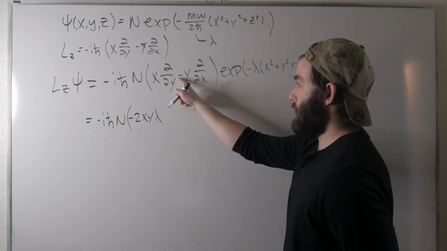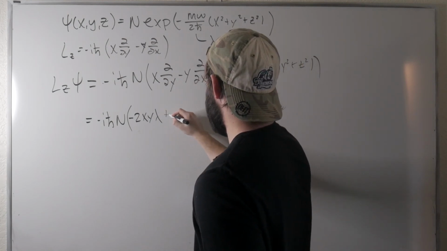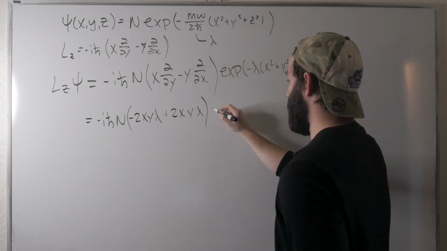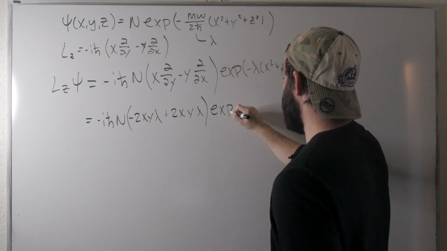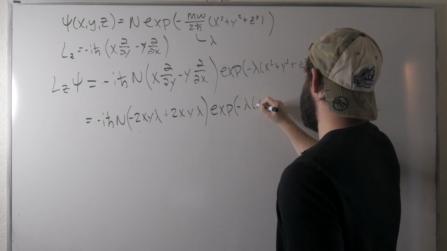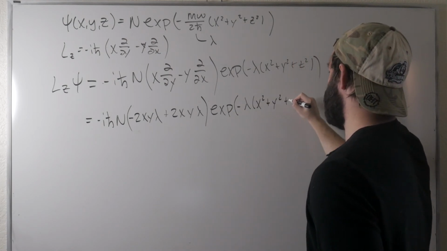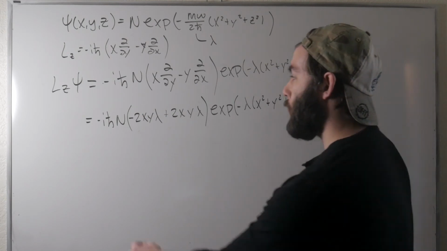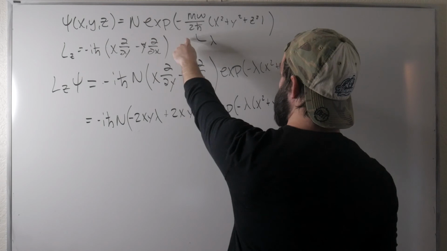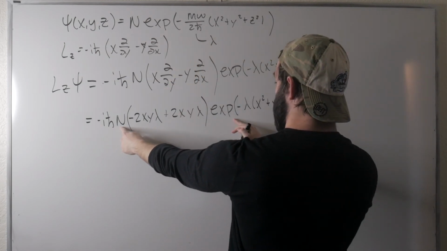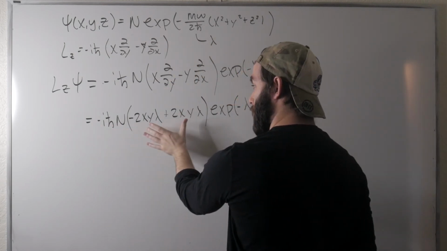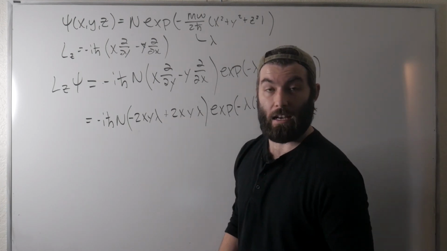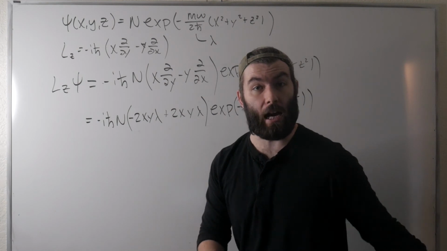And we have a minus sign here, so it's going to be a plus 2xy lambda, and then we factor out the exponential that still survives. So we have the original function times this. We can write this as minus i h bar, whatever this is, times the original function. So it was, in fact, an eigenstate because we got the function back times a number.